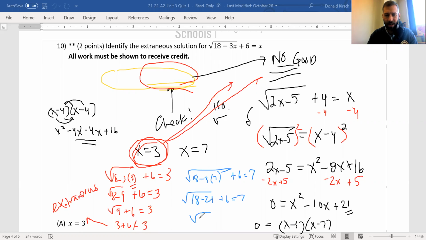That gives me square root of negative 3 plus 6 equals 7. What in the world? Does that work? It certainly doesn't work. So in this case, what do I have here? Well, negative 3, I can't even square root that. That's extraneous as well.